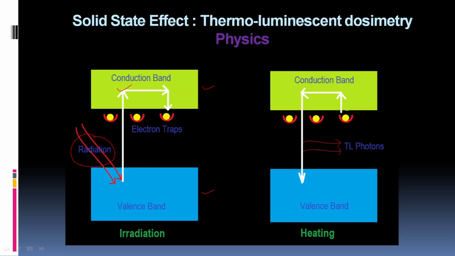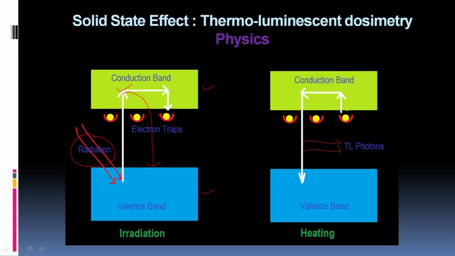And some of these electrons will come to the valence band, and some electrons will be trapped in the electron traps, which are in the forbidden band. So when we heat the exposed thermoluminescence crystal, what happens?